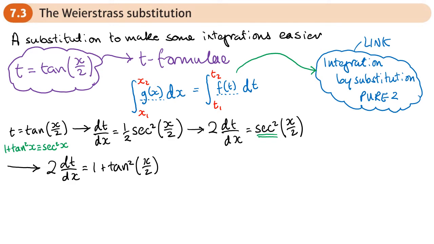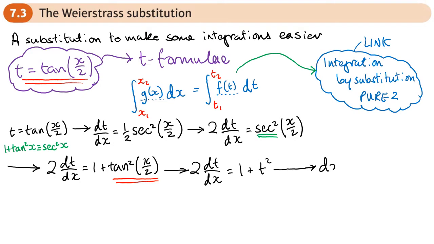Now, this bit here is just t squared, isn't it? If we have a look at our identity, that's just t squared. So I can write this as 2 dt/dx equals 1 plus t squared, and I can multiply both sides by dx, divide both sides by 1 plus t squared, and I'll have dx equals 2 over 1 plus t squared dt.